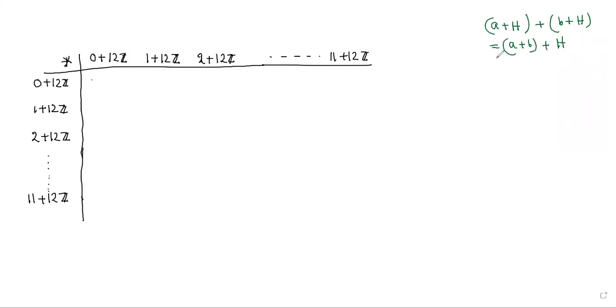So it will be 0 + 12Z, 0 + 1 + 12Z, that is 1 + 12Z. In this manner, there will be no problem in the first row.